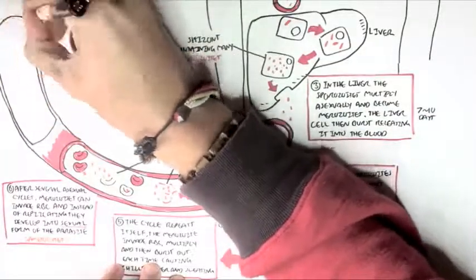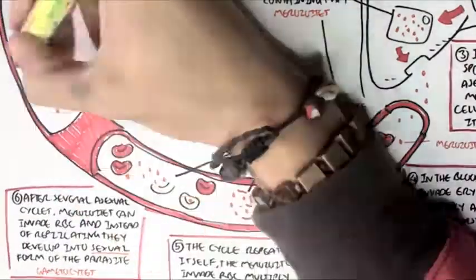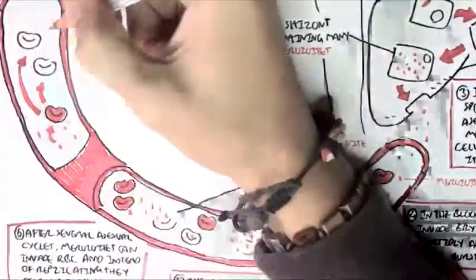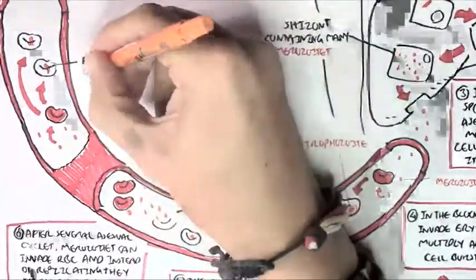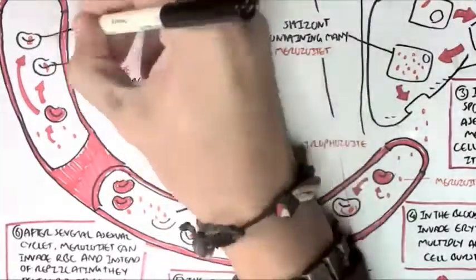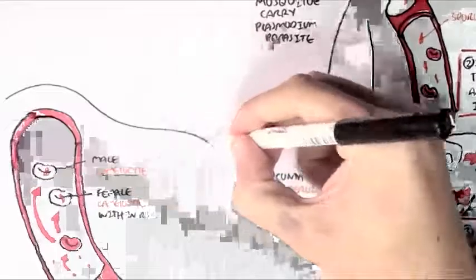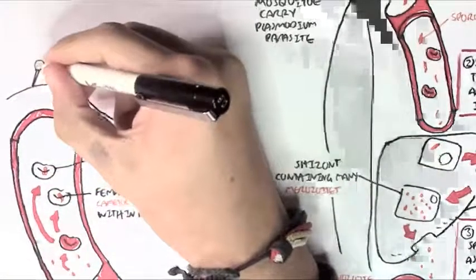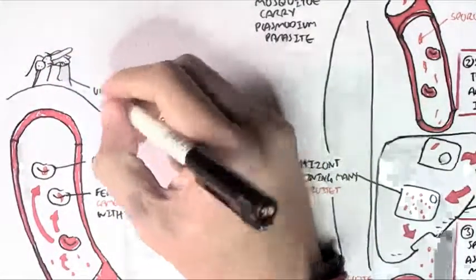So here we have a merozoite invading a red blood cell and forming a female and a male gametocyte, both still in the red blood cell. So what do these gametocytes do? Well, they can't really do much in the human body. They require an Anopheles mosquito in order to become a sporozoite, an infective form of the Plasmodium species again.